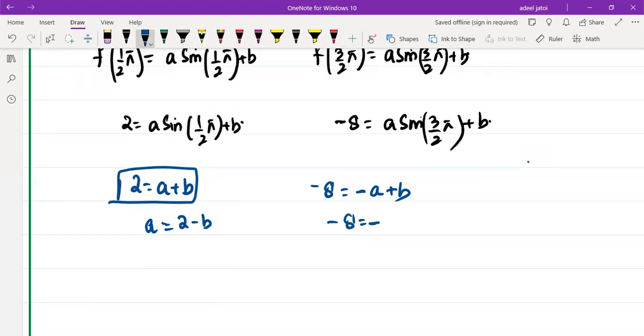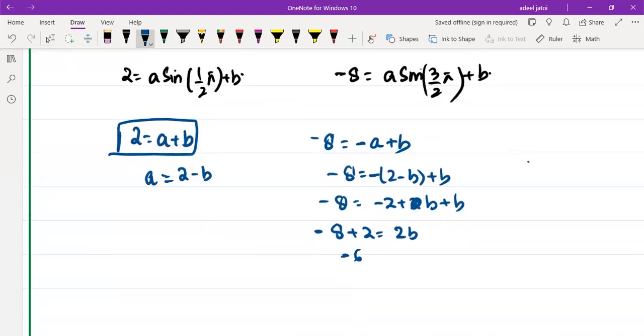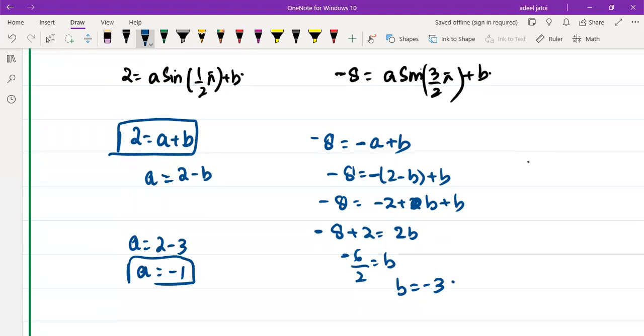Minus 8 is equal to minus 2 minus b plus b. Minus 8 plus 2 is equal to 2b. Minus 6 upon 2 is b. The b value is minus 3. a is 2 minus 3, a becomes minus 1.